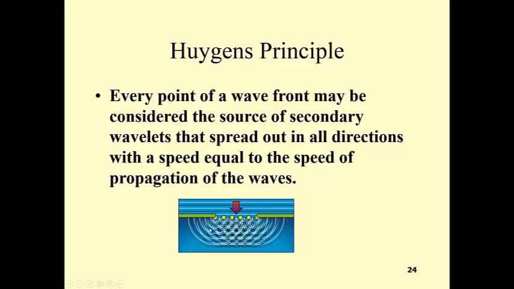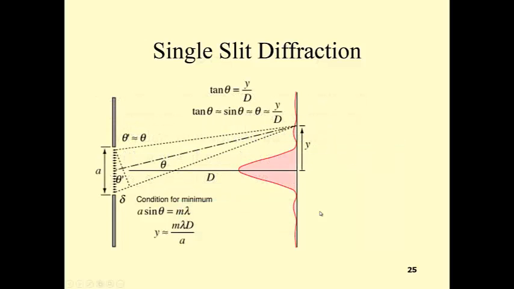And you can see that these waves then fan out and you get an interference pattern. You can use a single slit and make the same assumption, so that you still get the same relationship between y and lambda for a minimum, and remember for the maximum it's m plus a half, using again that angle assumption.